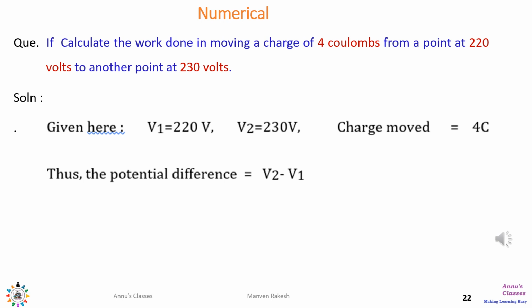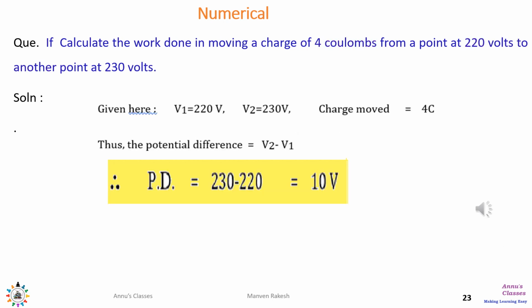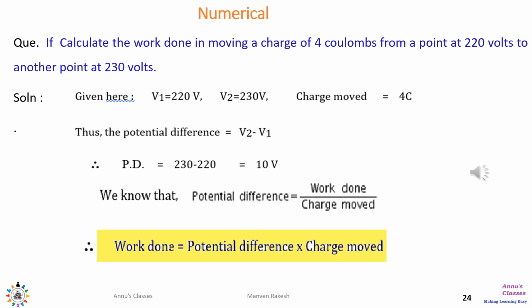So this will give us a potential difference by subtracting V1 from V2. When we put the values of V2 and V1, we get potential difference as 10 volts, which is 230 minus 220. Now we write the formula of potential difference as PD is equal to work done upon charge.